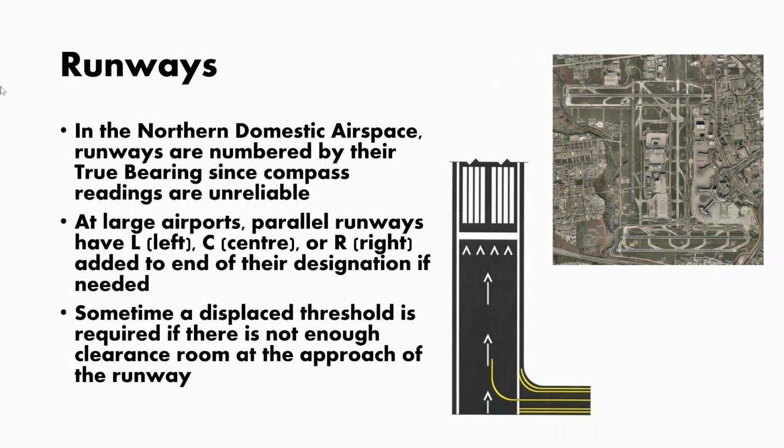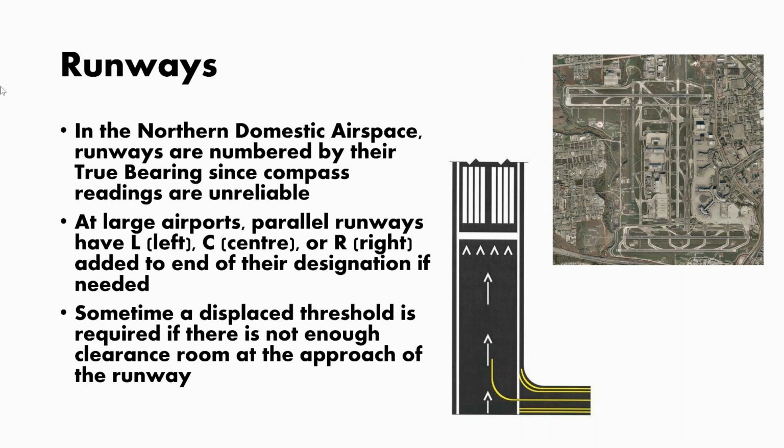So a couple of other nuances to runway numbering. In northern domestic airspace, which is basically far north Canada, runways are numbered by their true bearing instead of their compass bearing. The reason is, remember last week we talked about compasses, and how when you get really far north, where you're close to both the magnetic North Pole and the true North Pole, compasses become very, very unreliable.